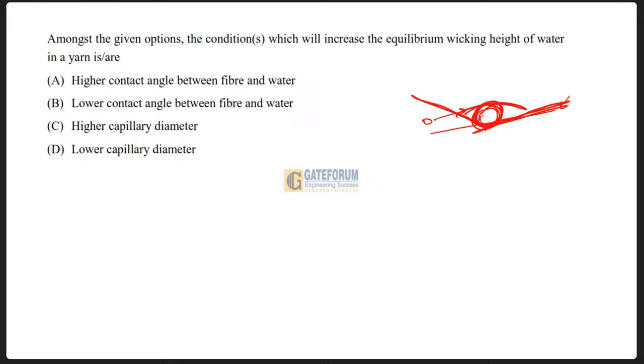If the fiber is hydrophobic, it will not absorb the water, and the angle is obtuse, greater than 90 degrees. For hydrophilic fibers, the angle is acute, because the water is absorbed by the surface, and this angle theta is less than 90 degrees.